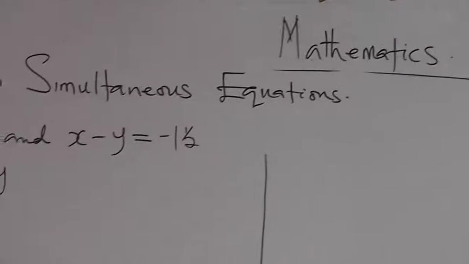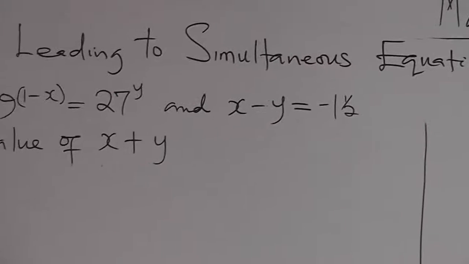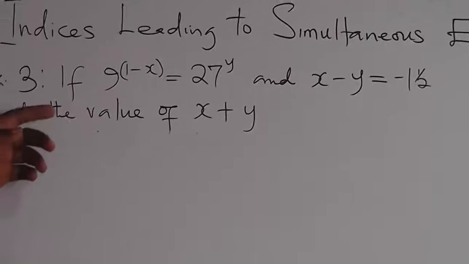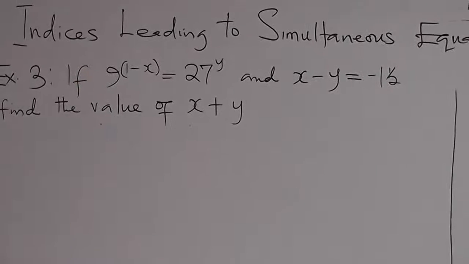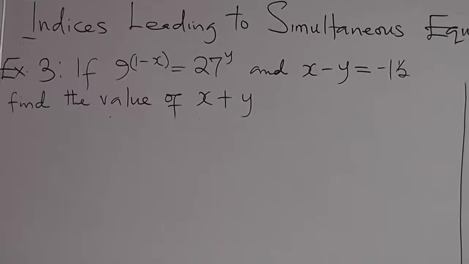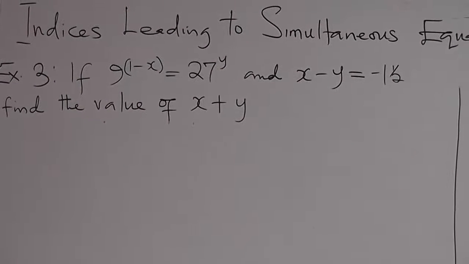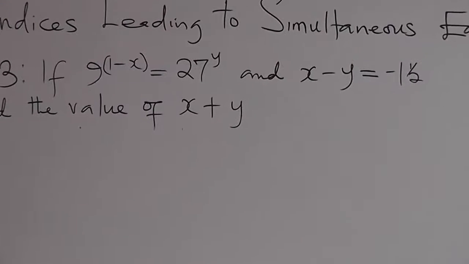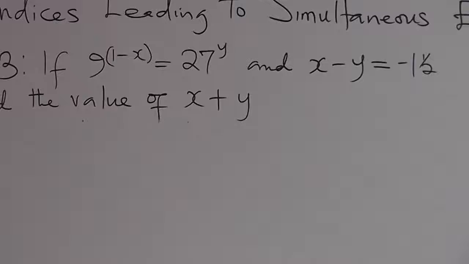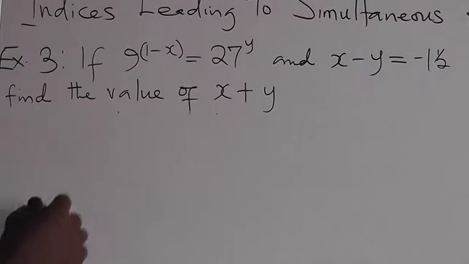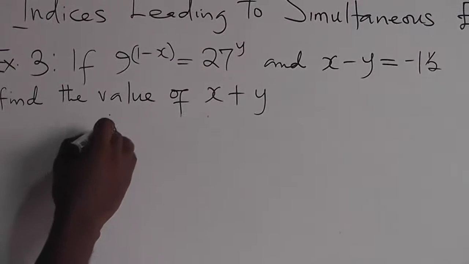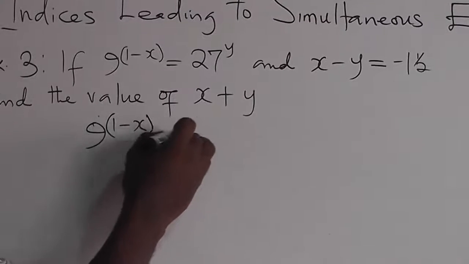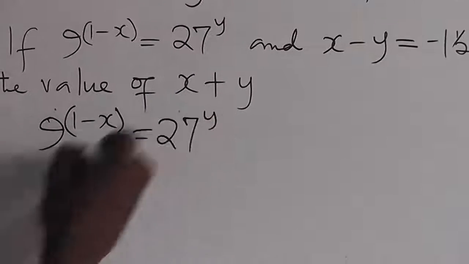Okay, let's take example 3, and that will be the last example under this subheading. It says if 9 raised to power 1 minus x is equal to 27 raised to power y, and x minus y is equal to minus 1 whole number 1 over 2, find the value of x and y. Now let's create our equation 1. 9 raised to power 1 minus x is equal to 27 raised to power y.